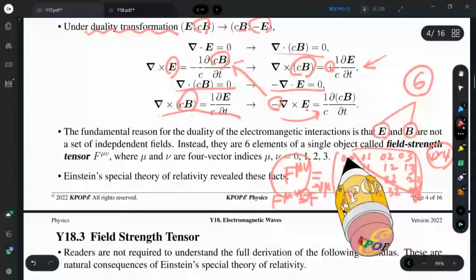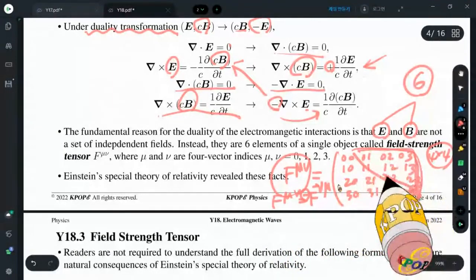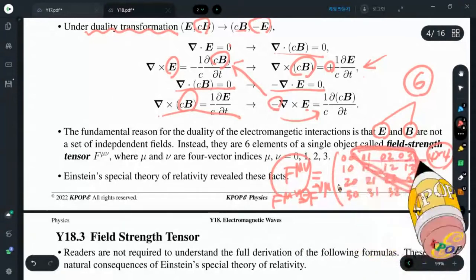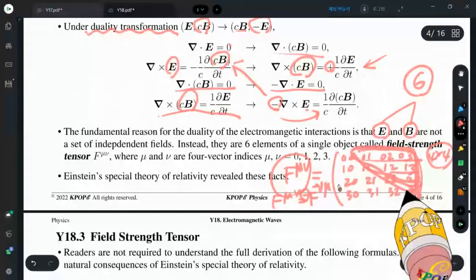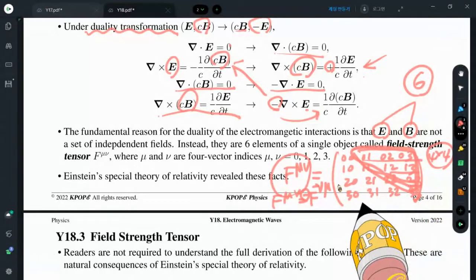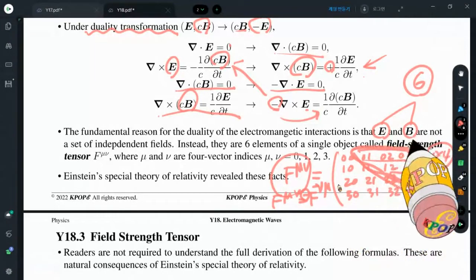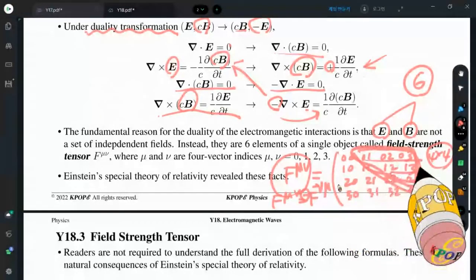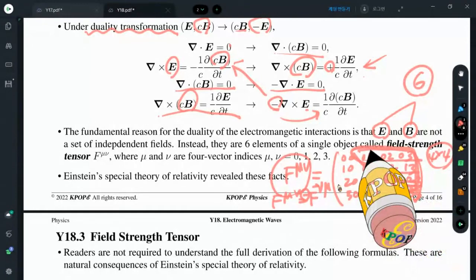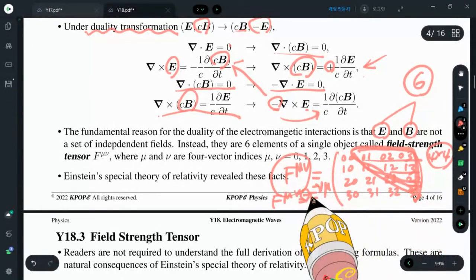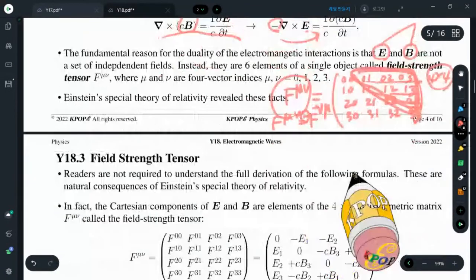Then we have only six independent variables, and Maxwell found that these electric fields and magnetic fields are those six elements of this anti-symmetric 4 by 4 matrix.